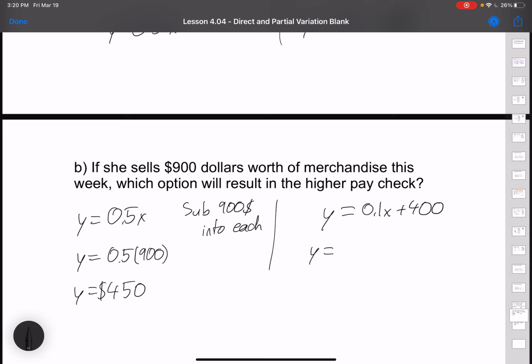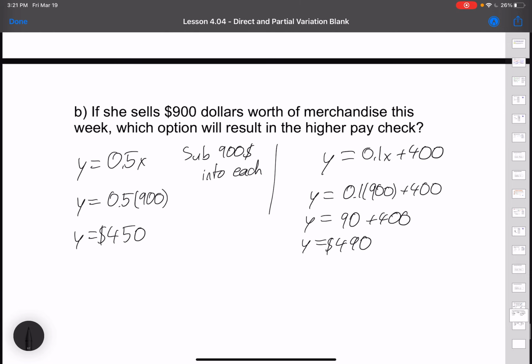All right, what about this other option where she's getting 10%, but she starts off with 400? Well, 0.1 times 900 plus 400. If you do this calculation, 0.1 times 900 becomes 90 plus 400. And so in the end, y will be 490, and that would be dollars.